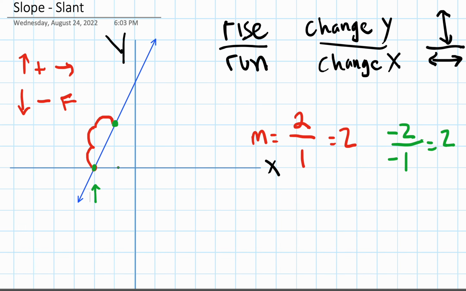Let's try another one. Sometimes your slope might be going or pointing downward. We can take a look at that.